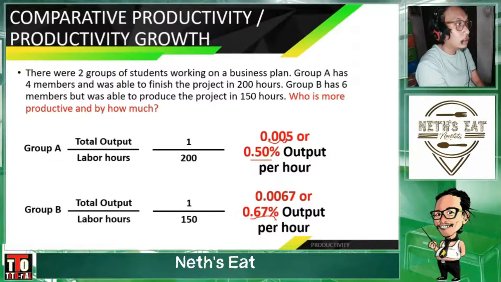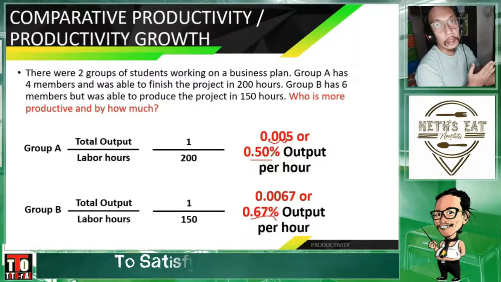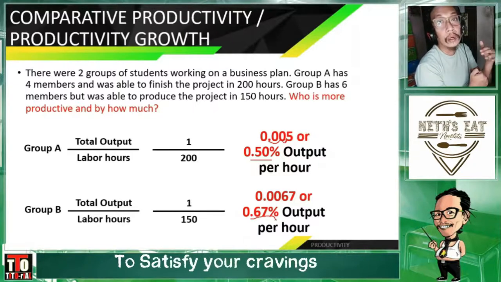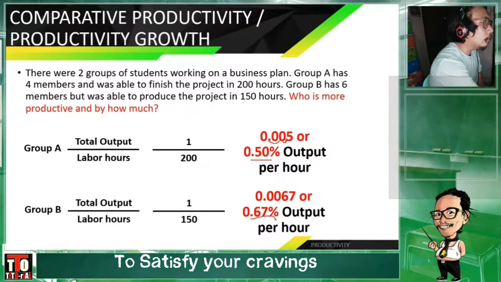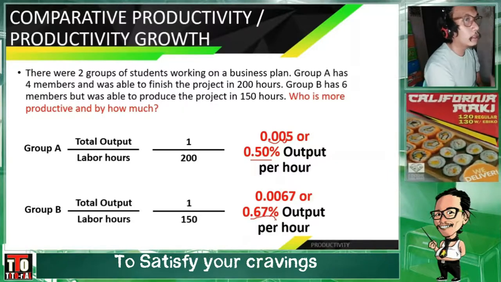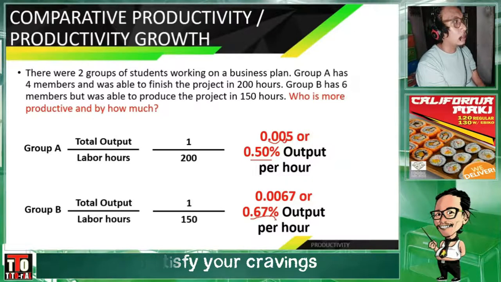We could say that Group B now is more productive in terms of labor hour, and Group A is more productive in terms of the number of members. Okay? That is how you try to compare. Pwede din natin sabihin na the reason for this one is that Group A has only 4 members.